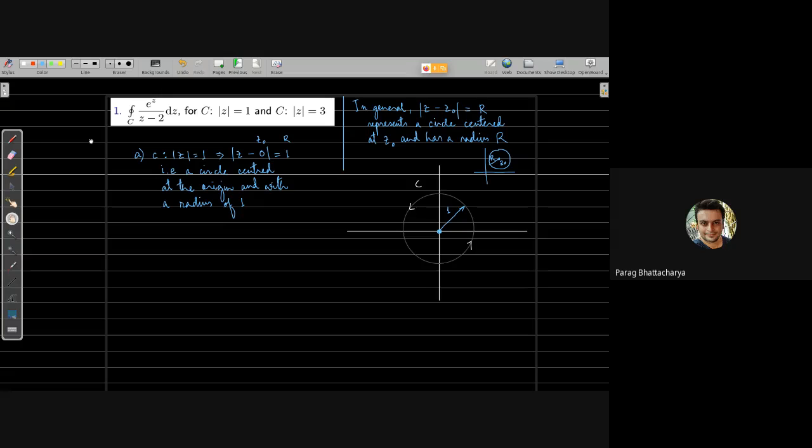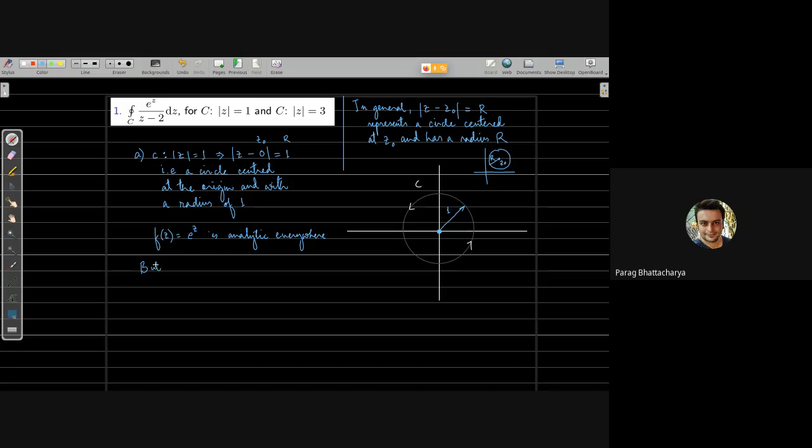Okay, so now let's look at the function here. The function is f of z, which is equal to e to the power z. This is analytic everywhere. It is analytic on C, right?